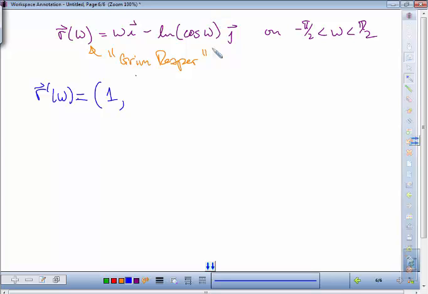Remember how to take the derivative of an ln of something? 1 over cosine w. Since it's not the simple x by itself, you have to take the derivative of the inside via the chain rule. Derivative of cosine is negative sine. Oh, there's a negative in front of this that I forgot to put on, so let's put the negative there. So this basically is just 1, and positive sine over cosine is what? Tangent of w.